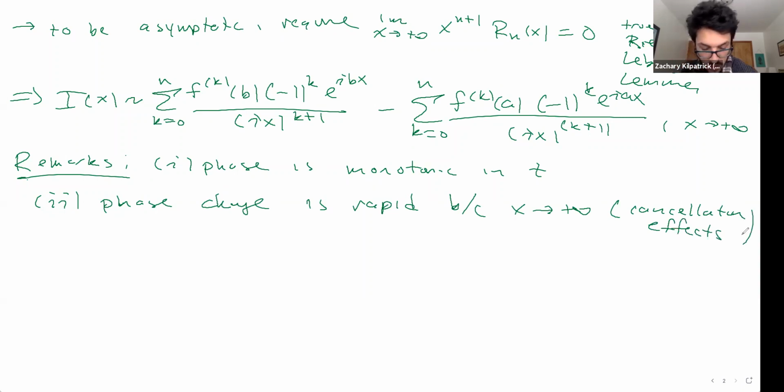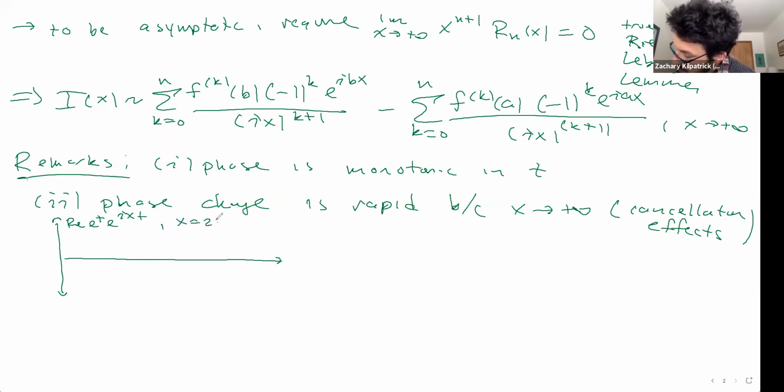So for instance, if I look at the real part of e to the i x t, for let's say x equals 200, it's going to look something like this.